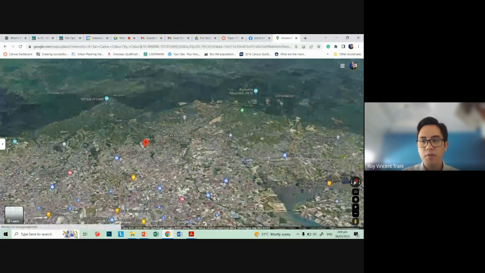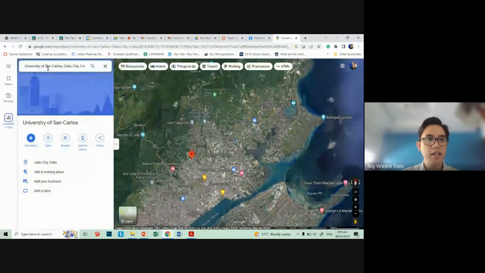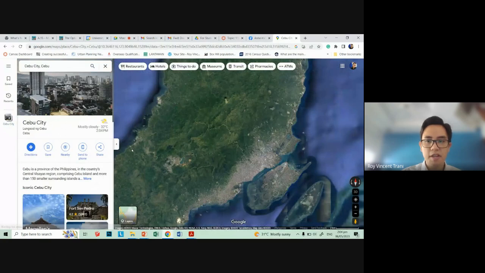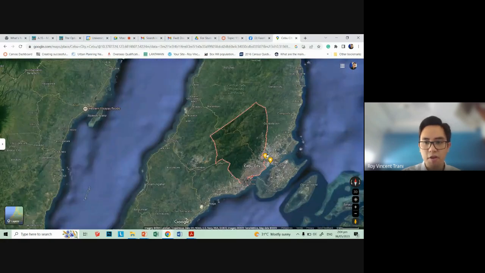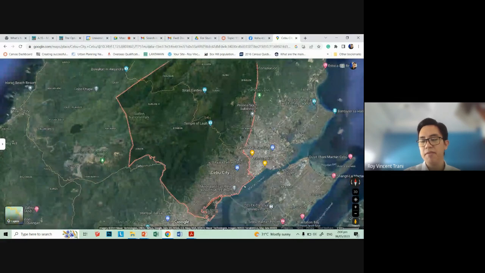The main problem with Cebu City, and I just highlight Cebu City, is that because of its economic development, there is a growing population, and the population tends to grow not just in numbers but also in financial capacity.